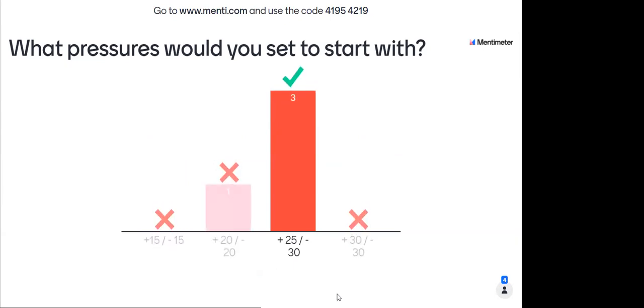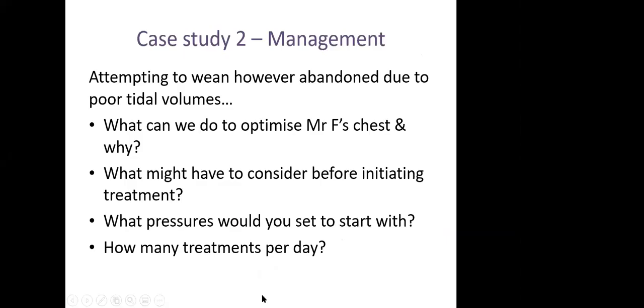Lovely. So I think most people did put plus 25 insufflation and minus 35 of exsufflation. Obviously this is just a starting pressure, and this is then what you'd use to titrate up to what you think is required for an effective Clearway treatment. So we've gone with 25 to 30 minus 30 primarily because he's already on 10 and 10, so our inspiratory pressure or our peak pressure is already 20, isn't it?